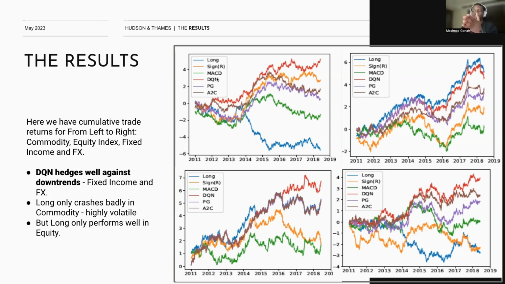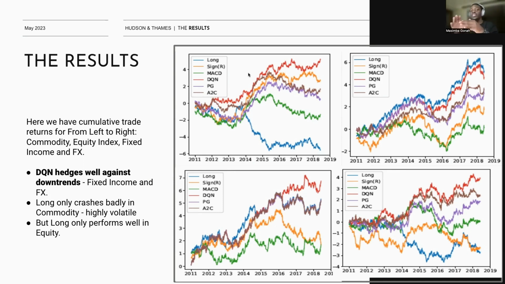And I think that's what DQN is probably exhibiting in this case, whereby if you look at MACD starting to take a downward trend, or if you look at PG, which is policy gradient, or signal CR, which is more or less leveling, the other two I mentioned are actually starting to trend downward.